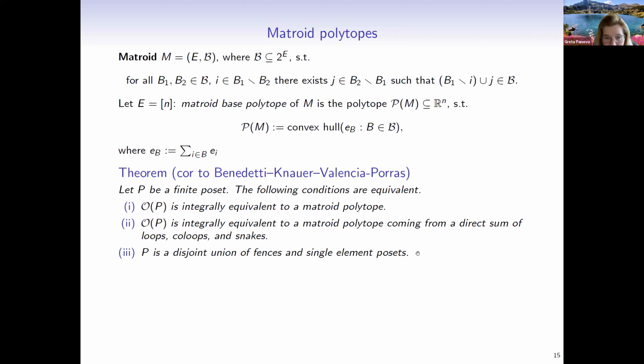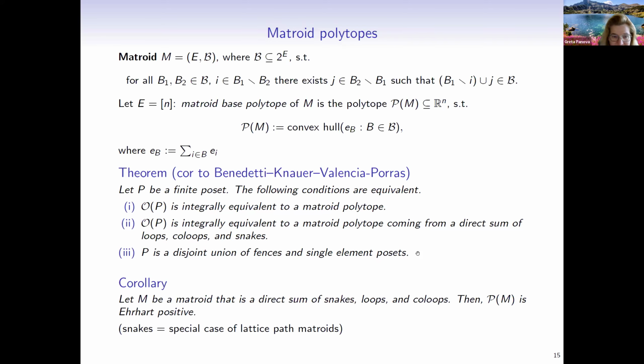So if the matroid base polytope is also an order polytope, then it is going to have non-negative rational coefficients, and in particular would be Ehrhart positive because of the shift at t+1.